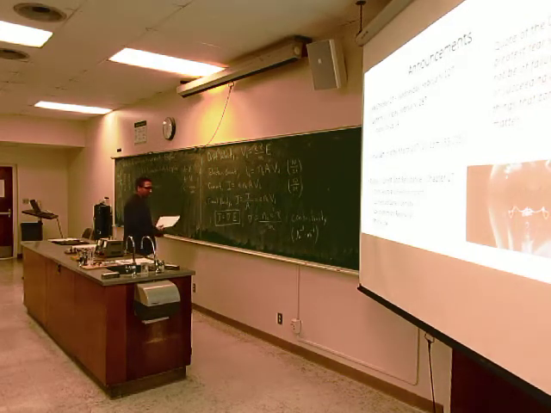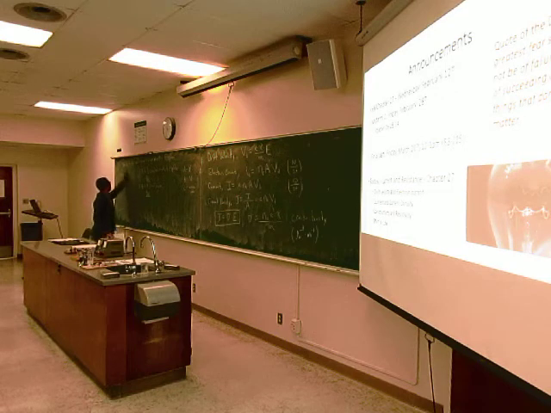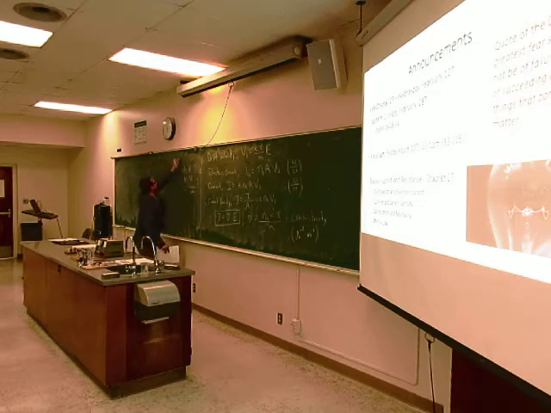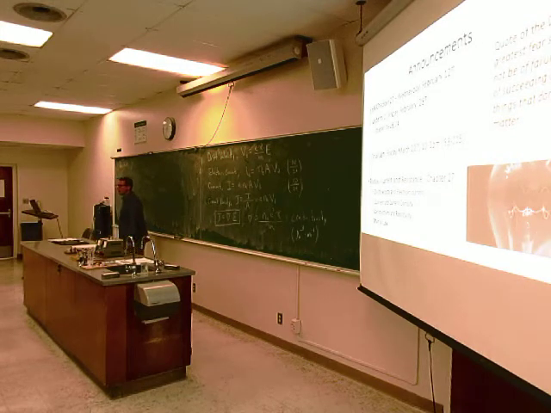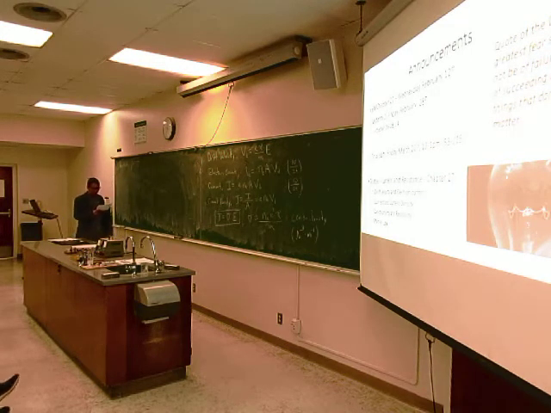Now, resistivity we define to be just the reciprocal of conductivity. So resistivity, the Greek letter rho, is 1 over sigma, or 1 over the conductivity.